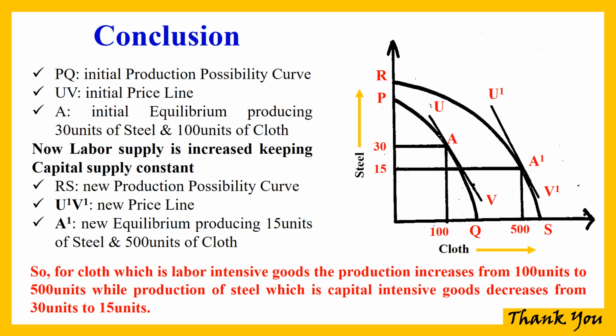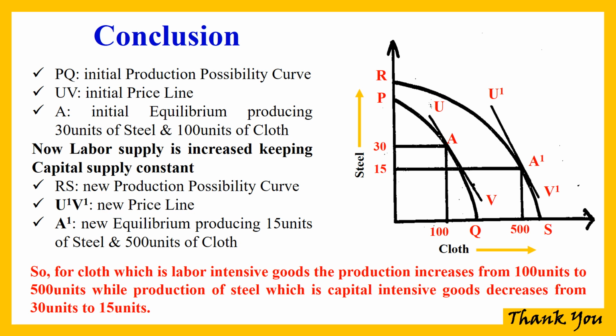If labor supply is increased, keeping capital supply constant, the production possibility curve will be RS, and U1V1 will be the new price line and A1 will be the new equilibrium point.